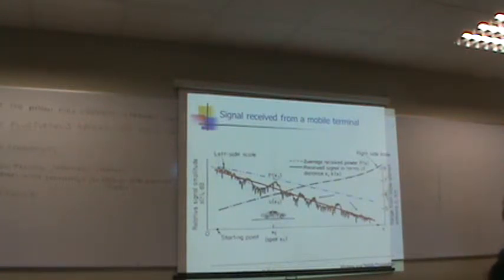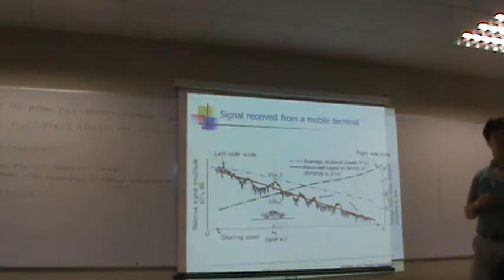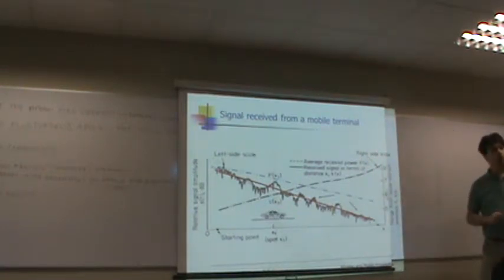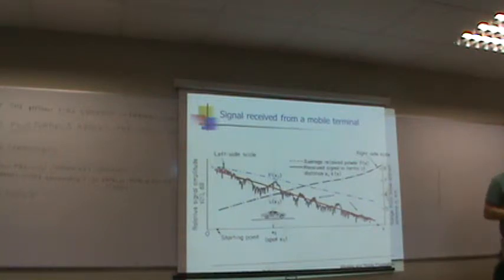And what happens when you move a little bit from one point to another? Think about antenna diversity. What happens when we change the antenna to an antenna that is a little bit further? You go from a constructive to a destructive combination.